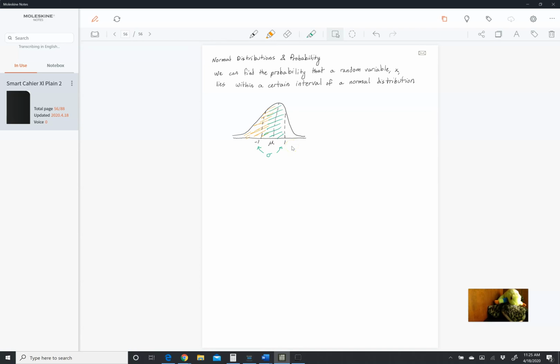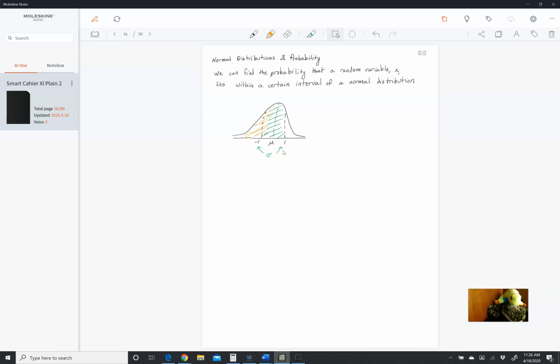And this is true for every single normal distribution. That's why we call it normal, because it's standard, it's the same. It doesn't matter what these numbers are, the mean might change, the standard deviation might change, but if it's normally distributed, then under this curve, always 68% is going to be between one standard deviation below and one standard deviation above.